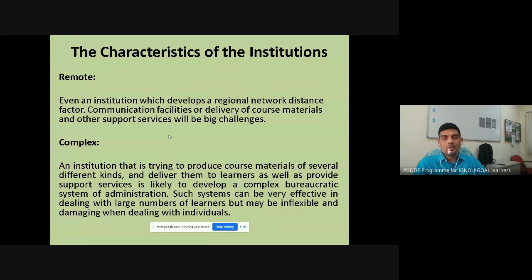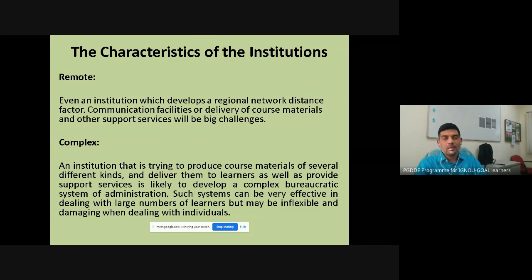And if you will be building your career in the same profession, or if you would like to see yourselves as future ODL institution teachers or administrators, then definitely you have to know all these things: how the characteristics of the distance learners are, what the ODL institutions all across the country are, how they are doing nowadays, how the transition has come, and now we are talking everything online, and about virtual universities also.